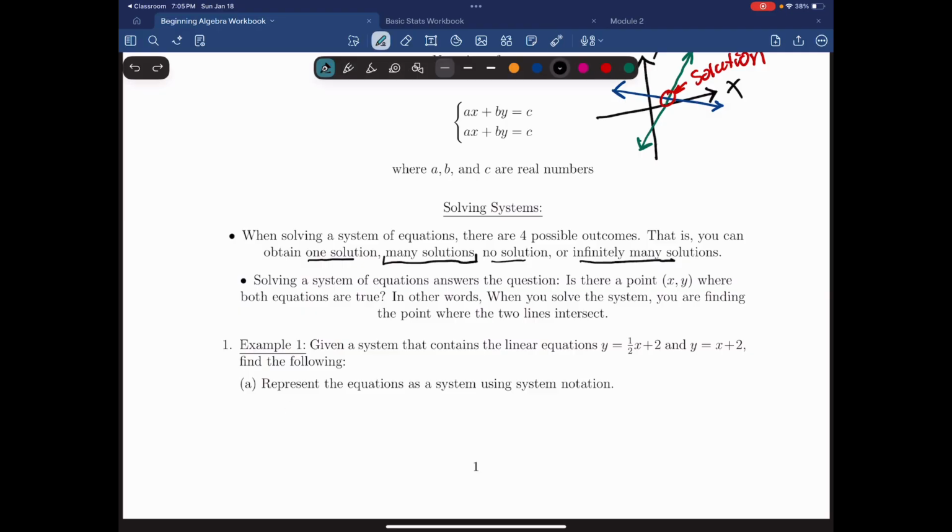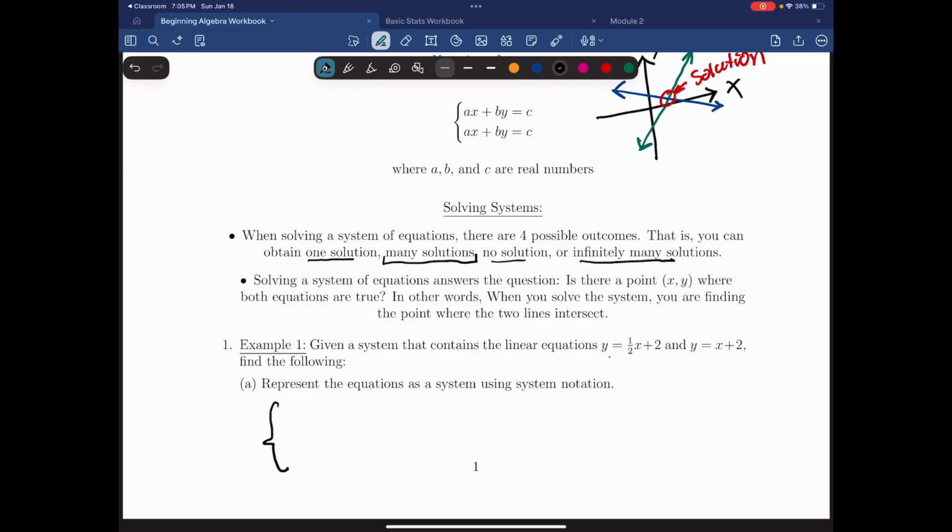I'm going to first start off by writing these curly brackets that we see here. These curly brackets tell us that we're dealing with a system of equations. Whenever you see these curly brackets in math with two lines, that means you're dealing with a system of equations.